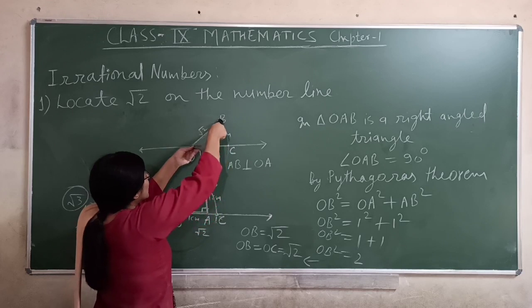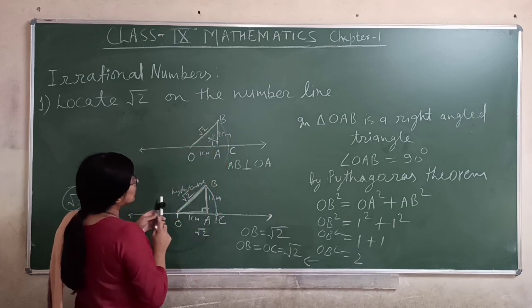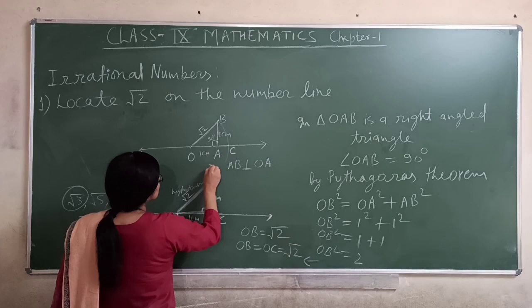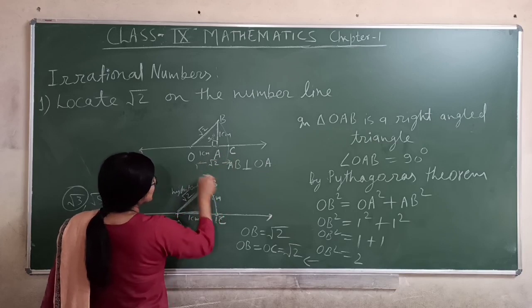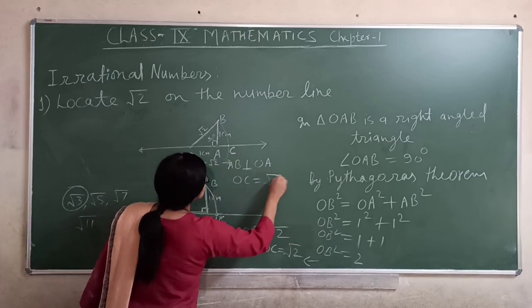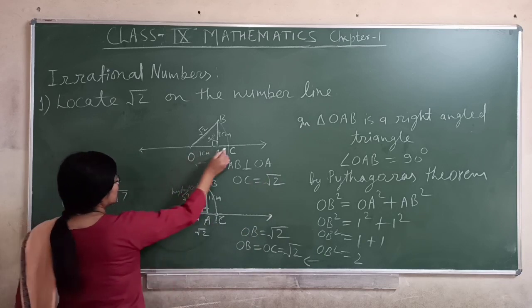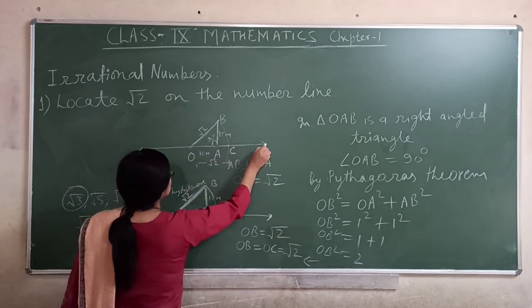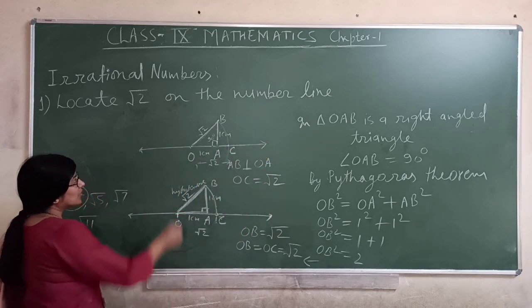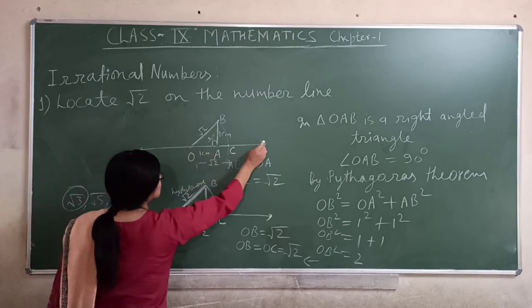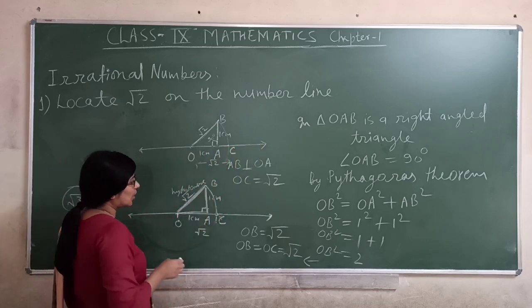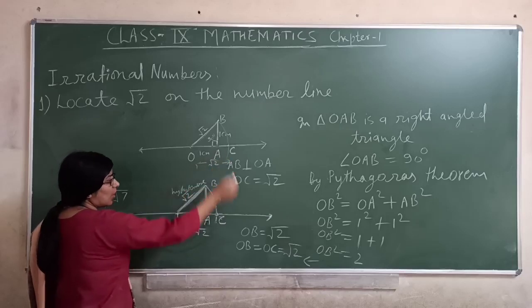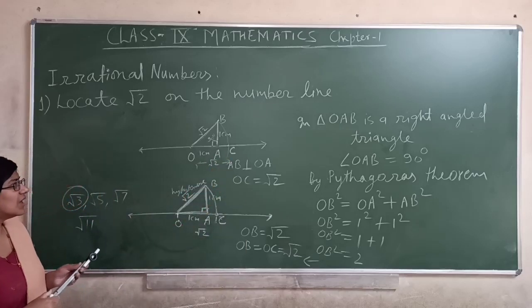So OB and OC are both equal. So from here to here this is root 2. So we can say OC equals root 2. And this is your number line, or we can say the real number line. So like that we will draw an irrational number on the number line.